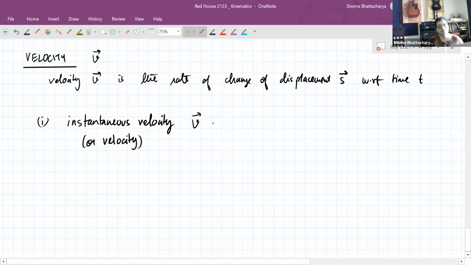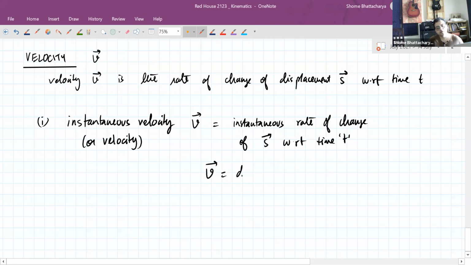So instantaneous velocity v is the instantaneous rate of change of displacement s with respect to time. It's a simple definition like this.